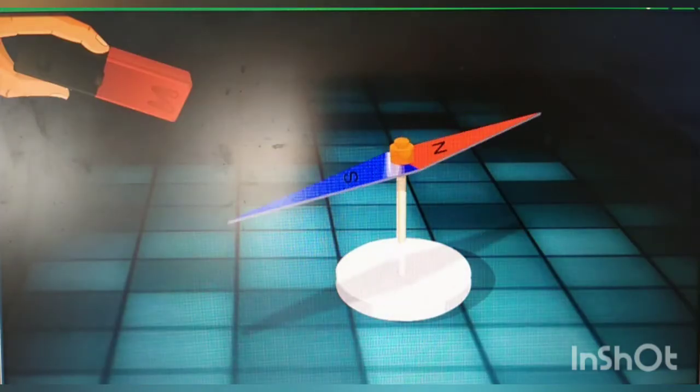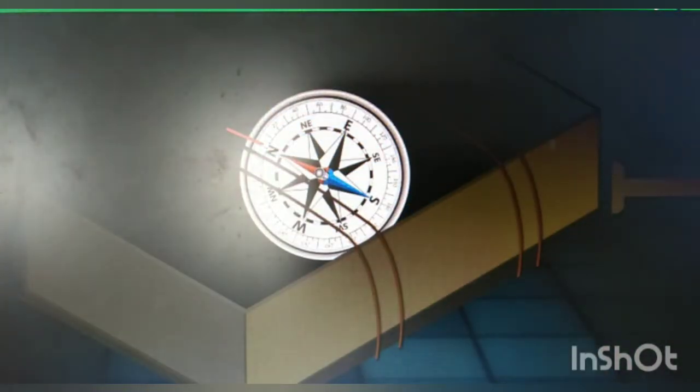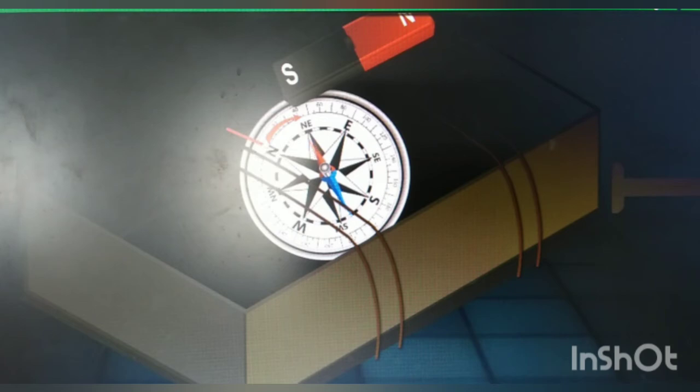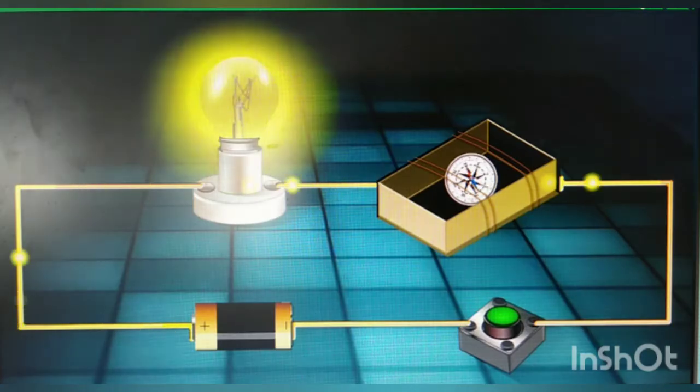So you know that a magnetic needle is indeed a magnet. You have seen that the magnetic needle changes its direction when a bar magnet is taken near the magnetic needle. Also, you have observed that the magnetic needle changes its direction when a current starts flowing in the circuit.